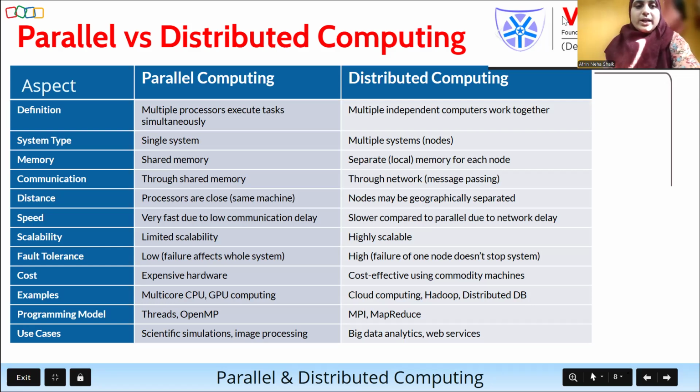I have mentioned some differences also, like distance, speed, scalability and cost. Now, what are the use cases? Scientific simulations and image processing in parallel computing, whereas in distributed computing, big data analytics and web services, etc.